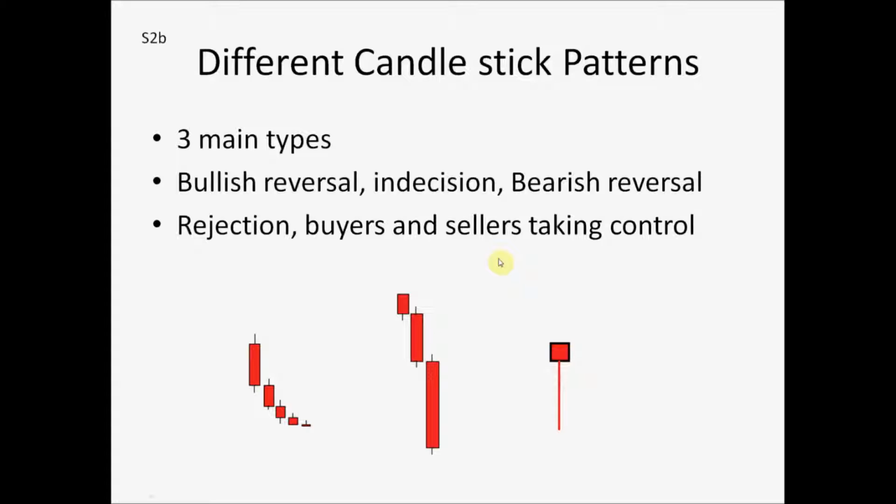Now you'll notice below I've got three diagrams. The one on the left is showing a trend decelerating. This means that as these candles are getting smaller and smaller, it's showing that sellers, in this case because all the candles are red, are leaving the market. In the next pattern you can see those candles are getting bigger and bigger. This is showing that the trend is accelerating and more sellers are coming into the market.